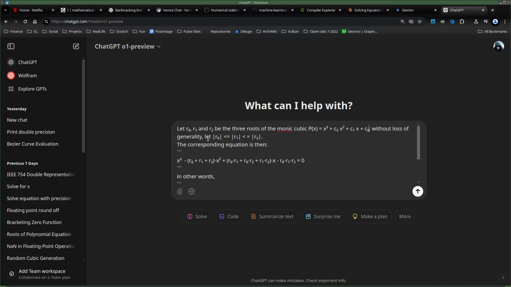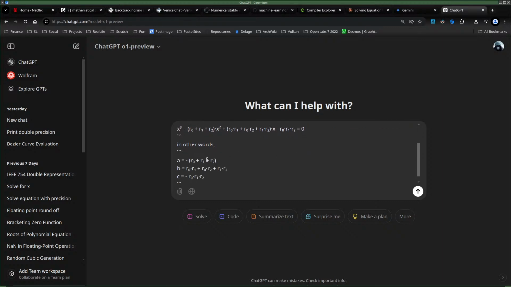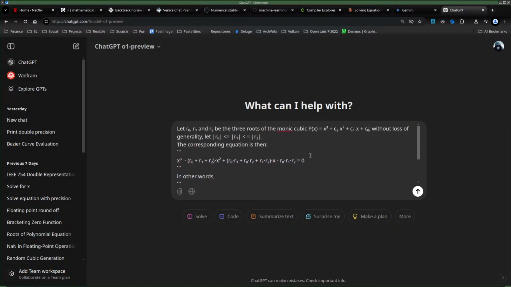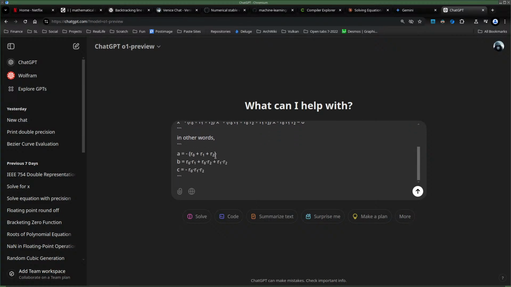Without loss of generality, let this be true. The corresponding equation is then this. In other words, and then we can repeat that. The plus was this one, so that is C2. That's this one. Good.